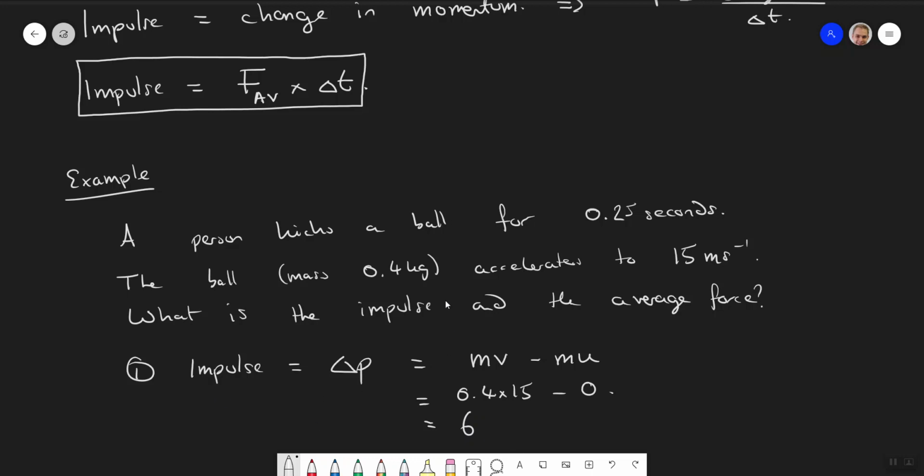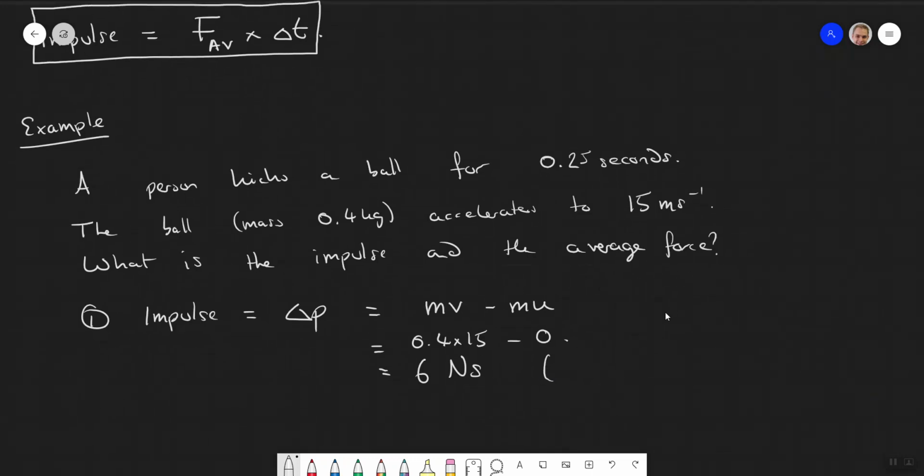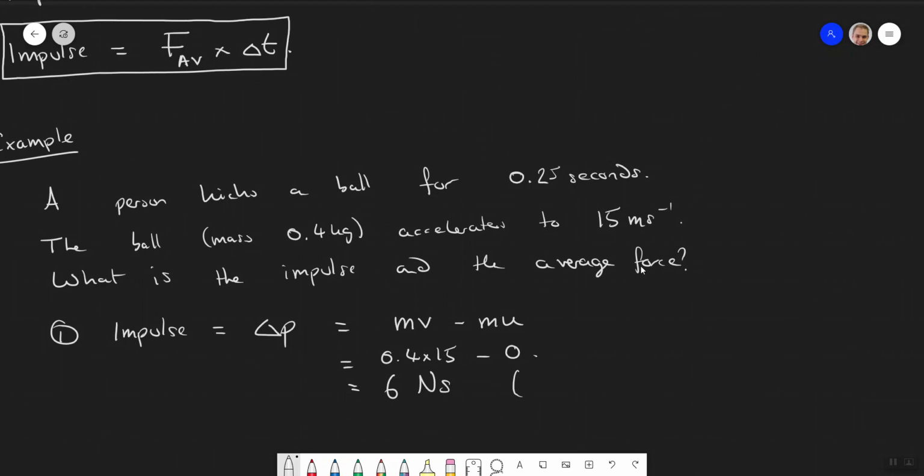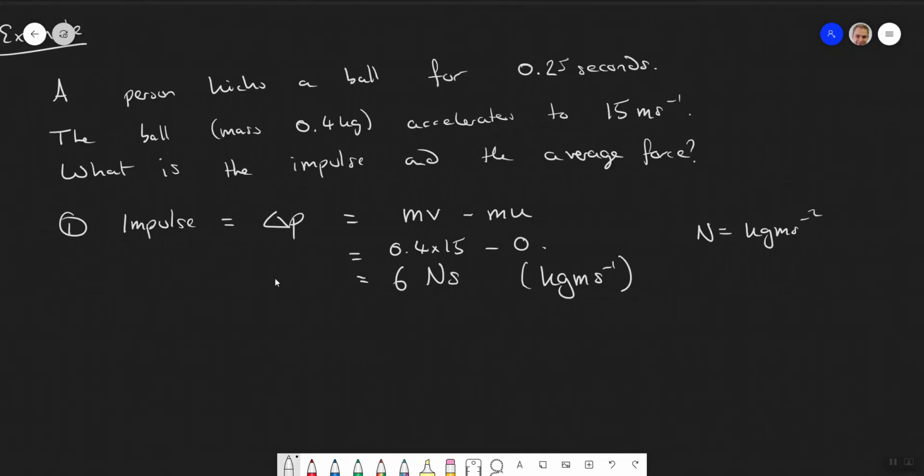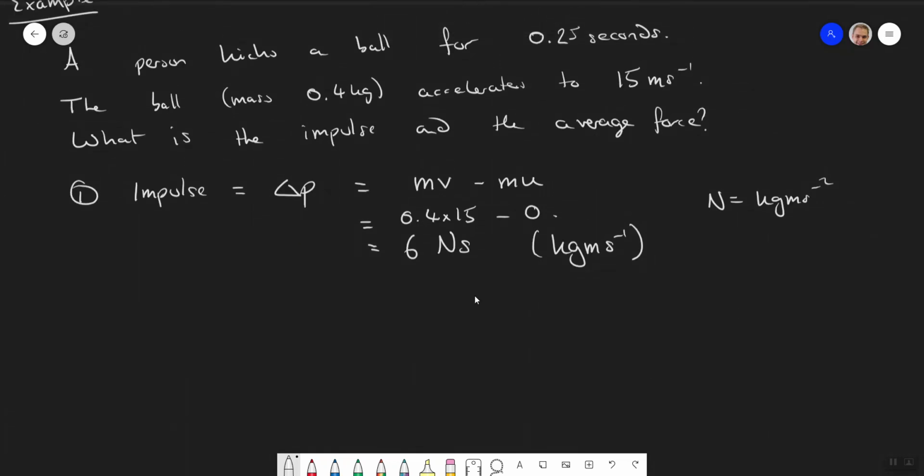Now what's our unit? Well, we've got force in newtons times seconds, so impulse is newton seconds. Or you can define it because the newton is equal to kilogram meters per second squared, you'd get kilogram meters per second for force times a time.